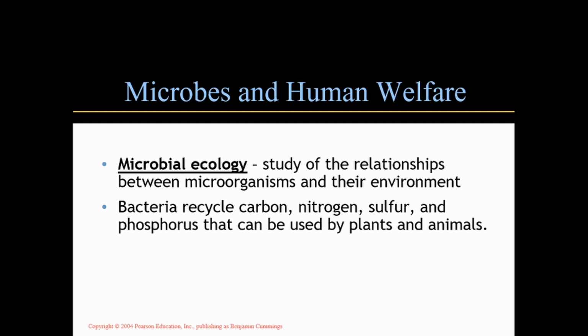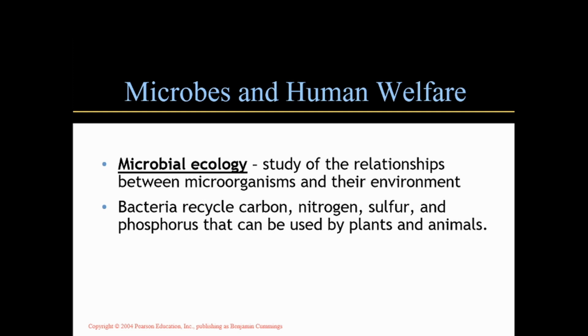Microbial ecology is where we go out into the environment and study the relationships between microbes and their environment, with humans, with other microbes, with animals, with plants, and so forth. We look at bacteria specifically and how they function within the carbon, nitrogen, sulfur, and phosphorus cycles.